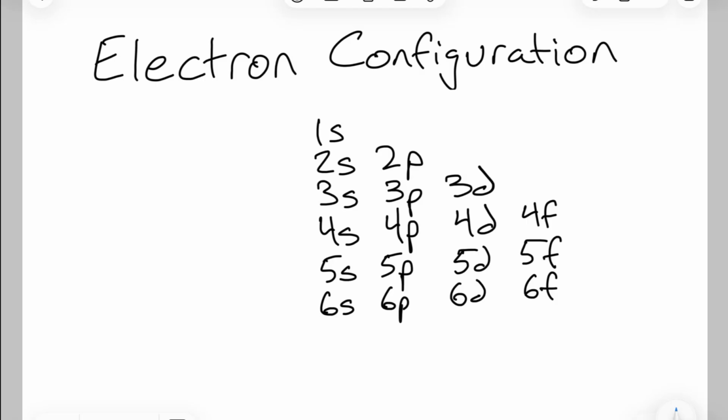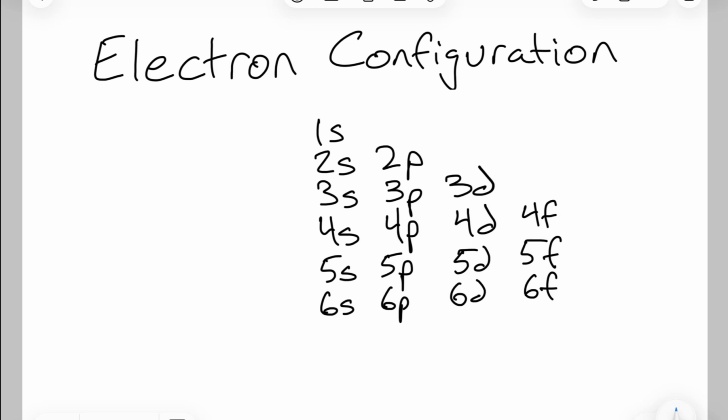Okay, and when we think about how to put electrons into the orbitals, we first have to consider in which order we have to fill them. And so there's a little trick you can use if you write out all of the orbitals like this. So the energy level is 1 through 6 as we go down, and then at each level you're going to add a letter here. So the 1 energy level only has a 1s orbital.